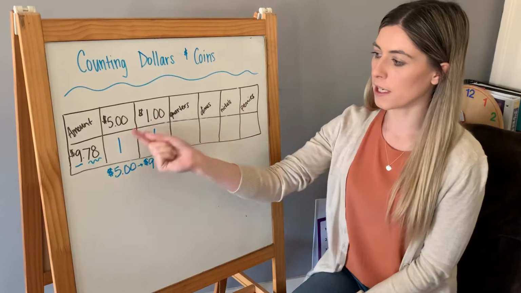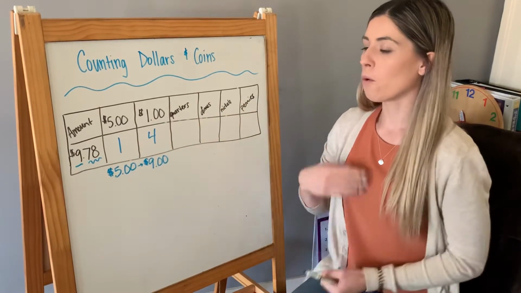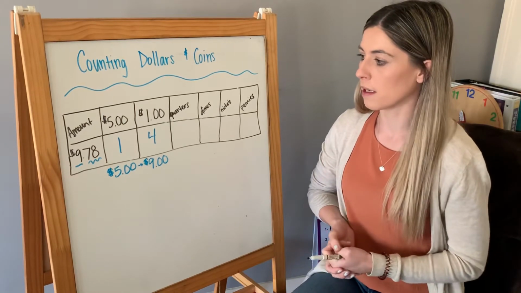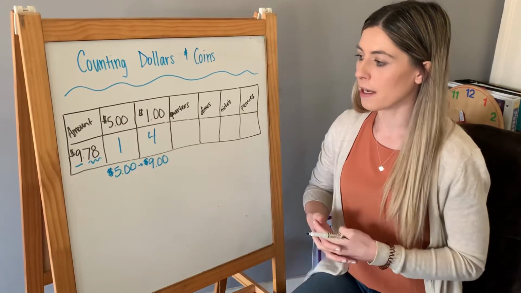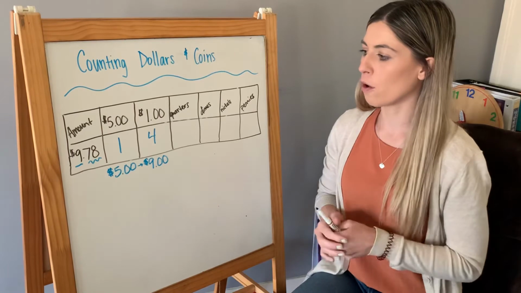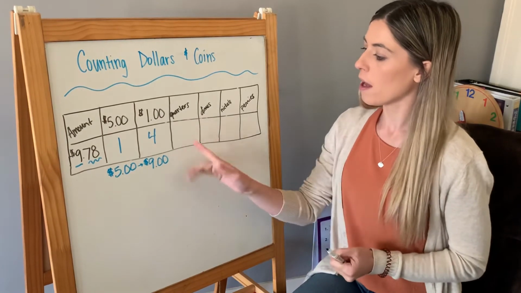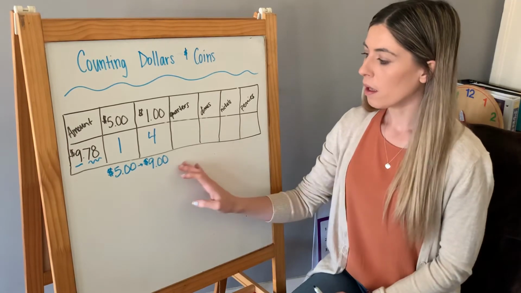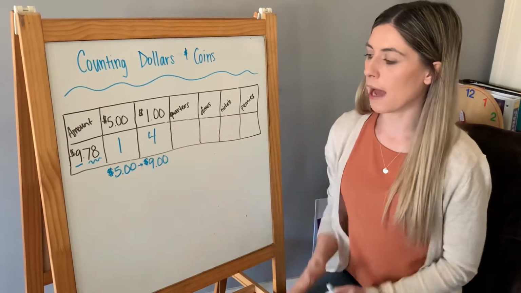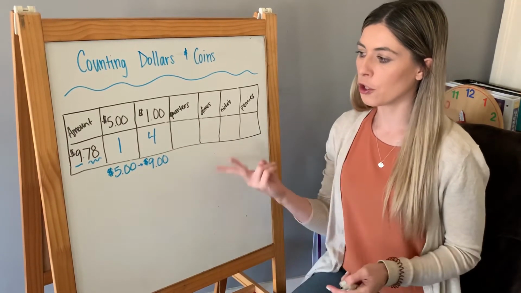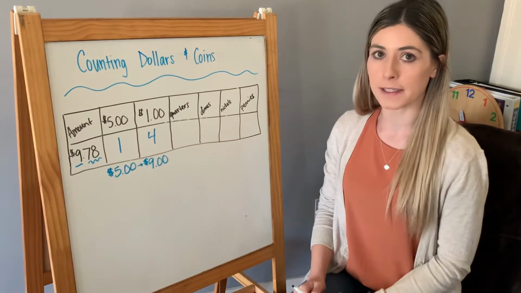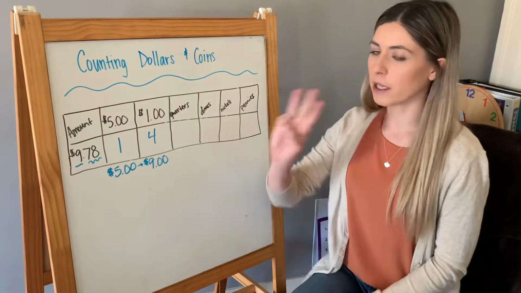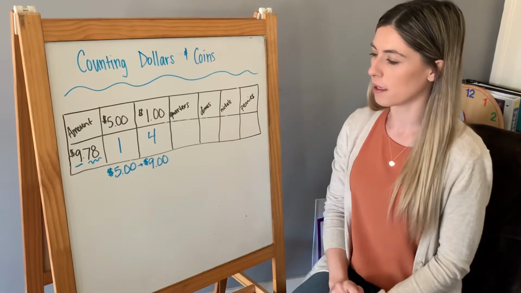How many quarters can fit into 78 cents? Well, 1 quarter is 25 cents, 2 quarters is 50 cents, 3 quarters is 75 cents, and 4 quarters is $1. Now, I don't want a whole other dollar, so I know it's not 4. 1 quarter is 25, I could do that, but 2 would make it even better, would be 50. 50 cents is even closer to 78, but actually 3 quarters is 75 cents.